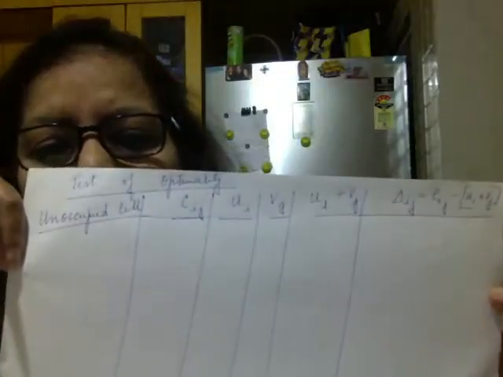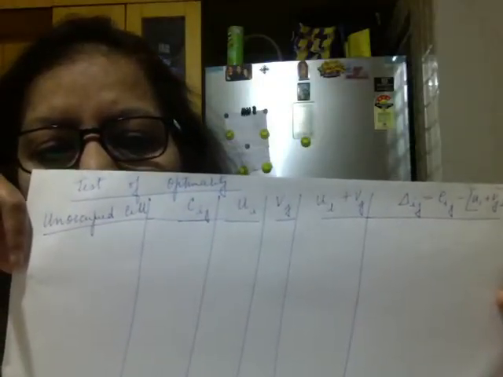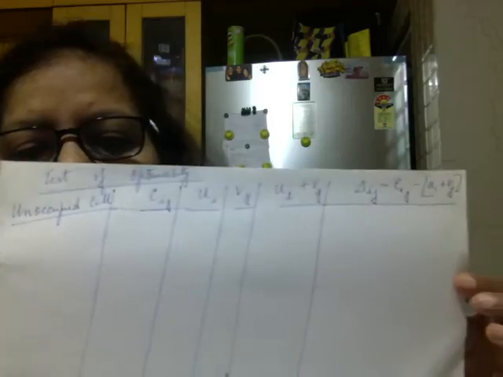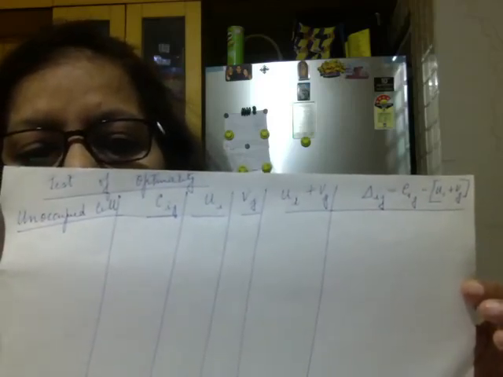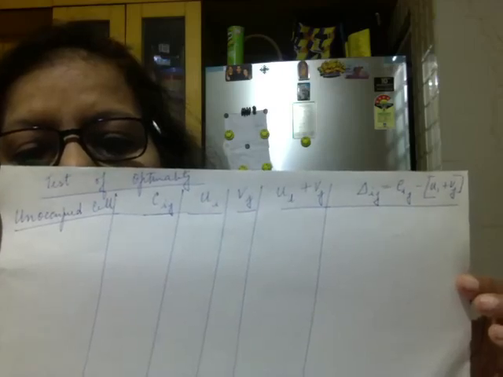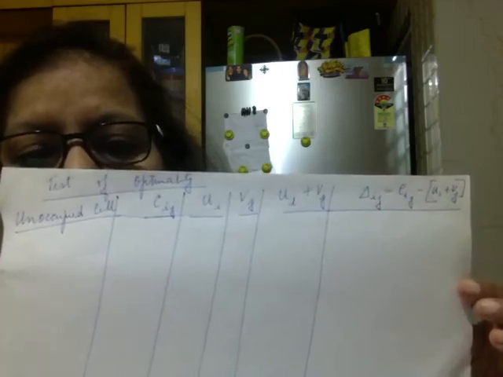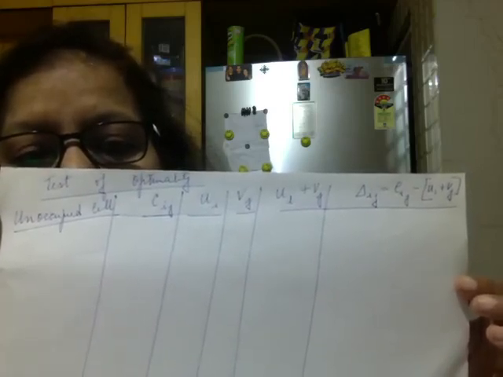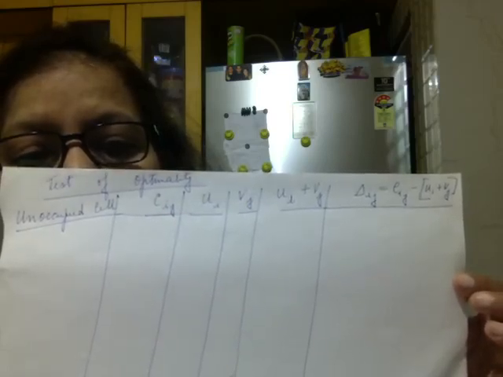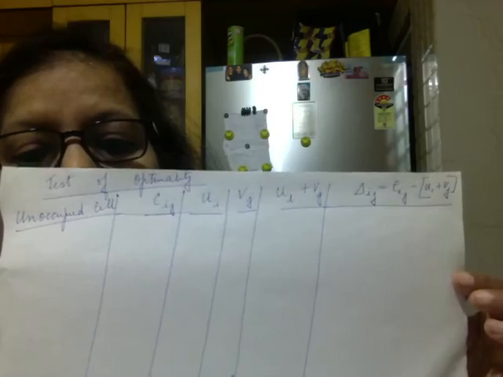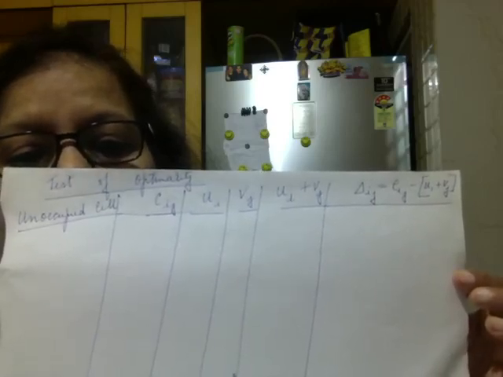Okay, it is like this. First is the unoccupied cell. Next is Cij. C is the cost that you get in that cell, what is given in the problem. Ui is what we calculate, I'll explain. Vj. Suppose in Cij it is 23, 2, 3, then U will be U2, V will be V3.